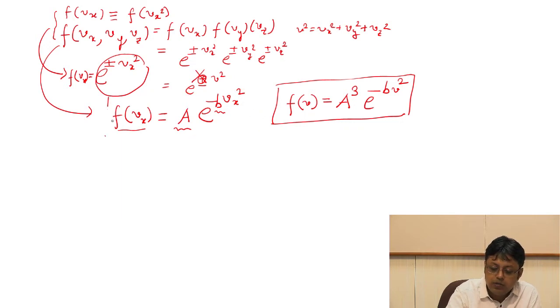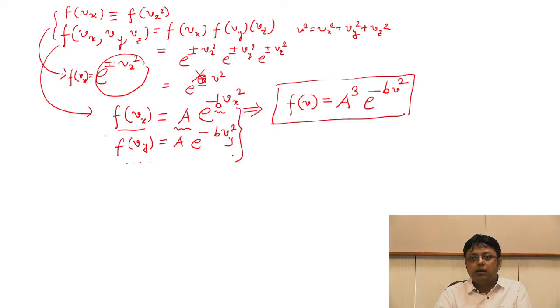We just got it from the velocity distribution, also arguing that f of vy will be e to the power minus b vy square, and similarly for f of vz, and all these three give me this speed distribution.